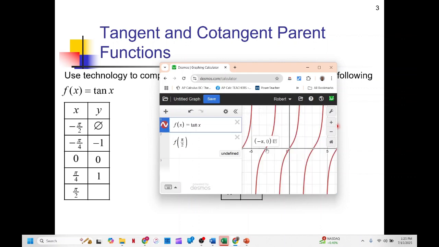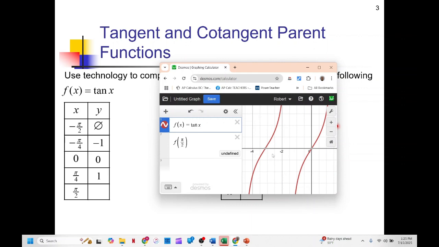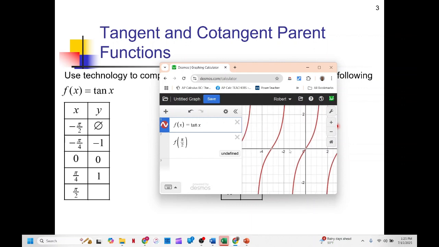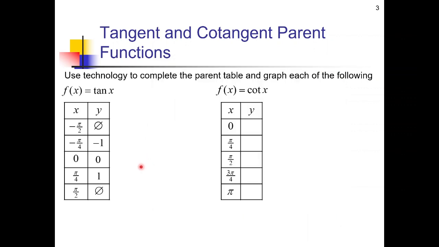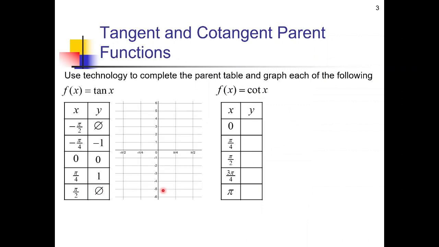And if I do that, it looks like this is negative pi right here, and this is going to be negative pi over 2 right in here. It's kind of hard to see because the graph doesn't show asymptotes directly, but there is a vertical asymptote right here, and also right here, and right here. There's actually an infinite number of them, but we're just going to graph one period of this.